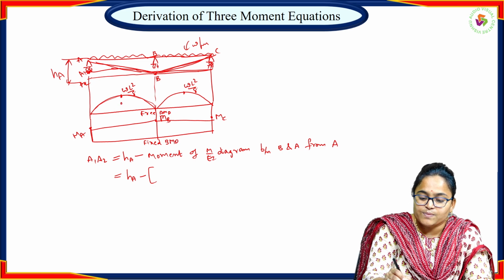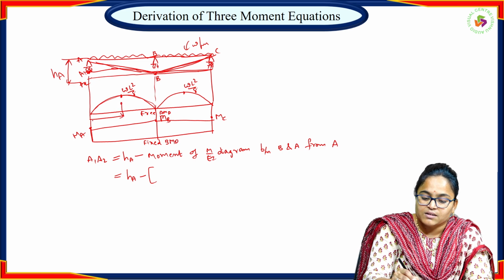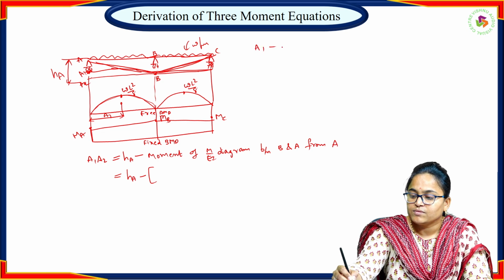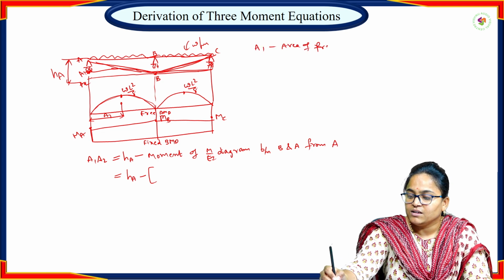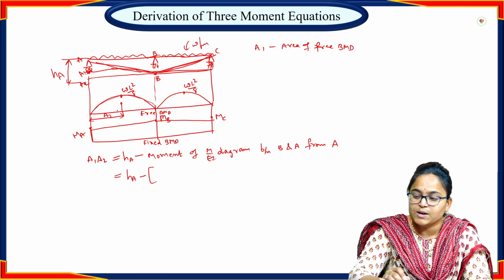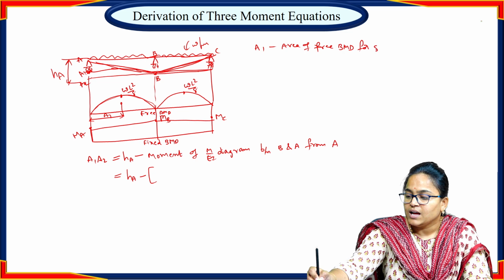Now let us assume A1 as the area of free BMD for span AB.